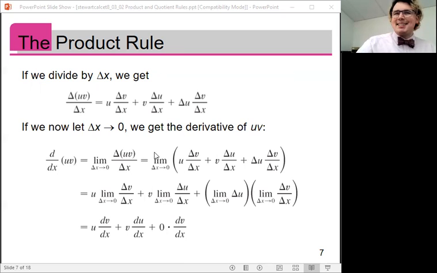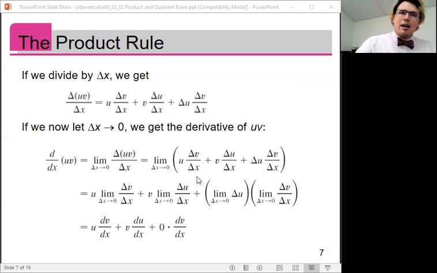So in the limit, as delta x goes to 0, I've got u times delta v on delta x. Well, that looks a lot like the derivative of v, right? This would be my Leibniz notation dv on dx.